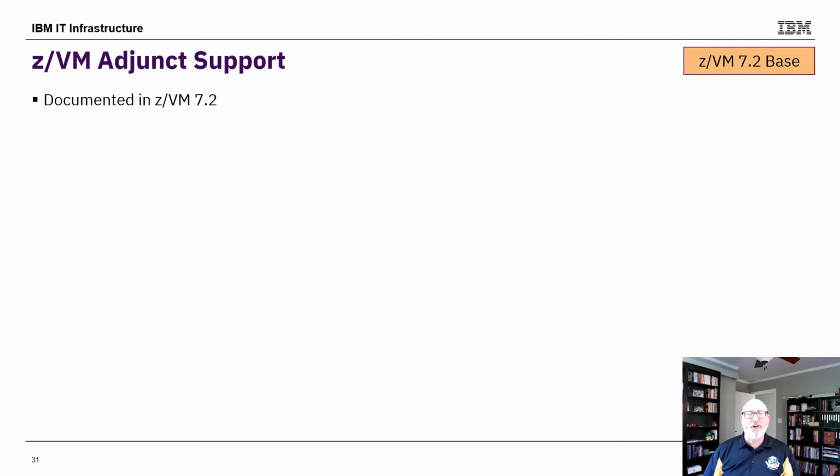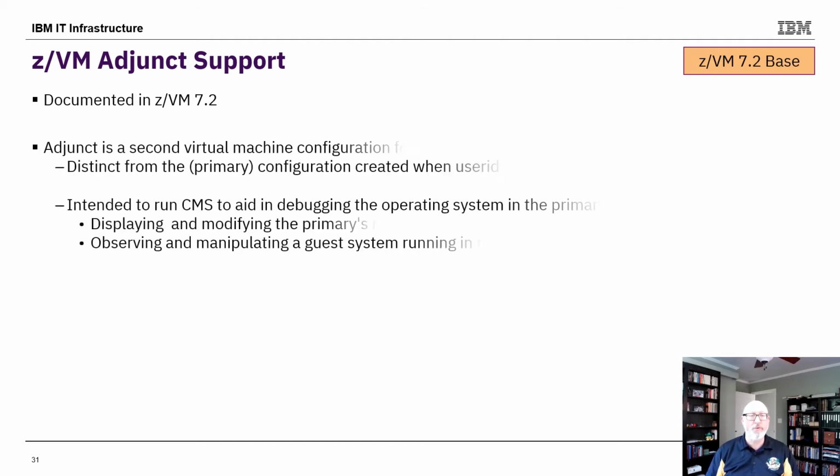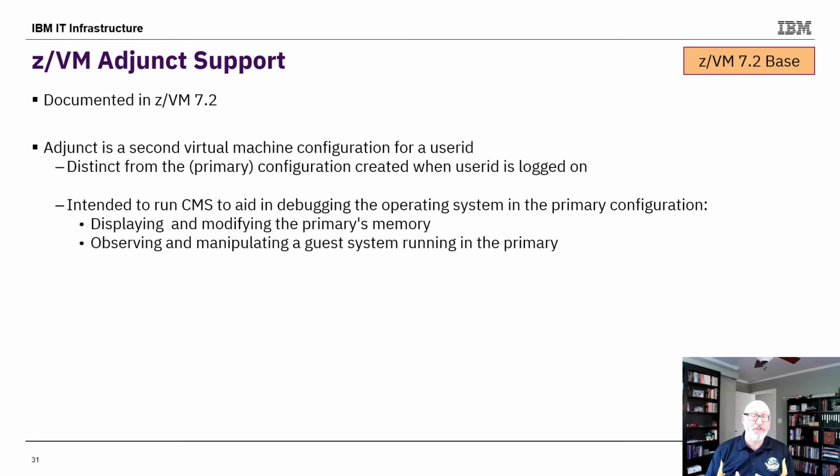Okay, another curious item here, z/VM adjunct support, right? So this was really a documentation effort, right? So in z/VM 7.2, we've documented it, but the support was actually there for quite a while. And what this involves is the adjunct is really a second virtual machine configuration associated with a user ID of a virtual machine, right?